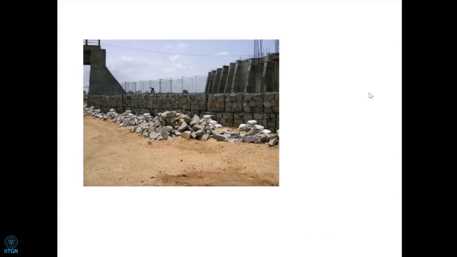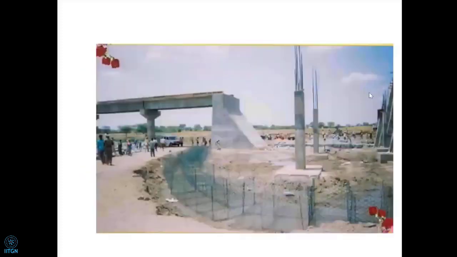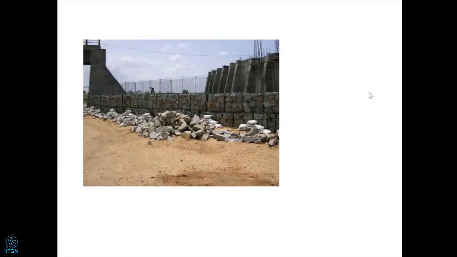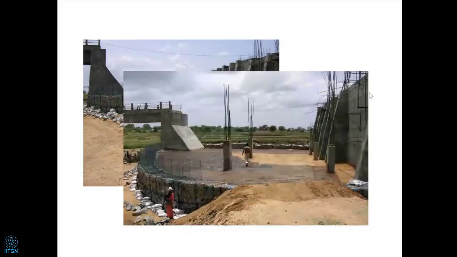So, as I said, there are gabions in place, there is a filter at the bottom and also at the back. The boxes are placed, filled with stones, and then the construction goes on. You can see at the back the geogrid reinforcement. This is at a place called Bellary.